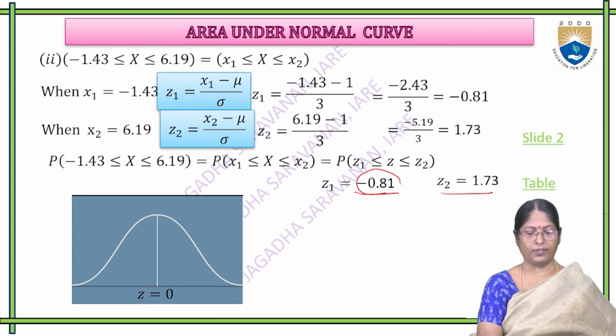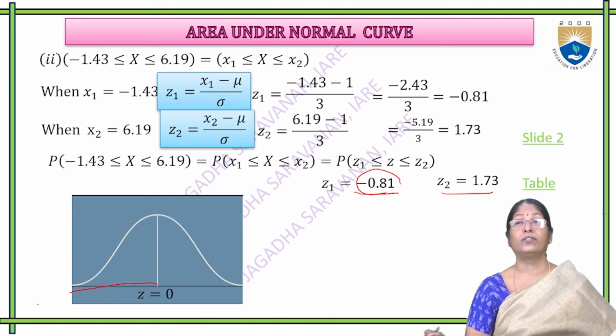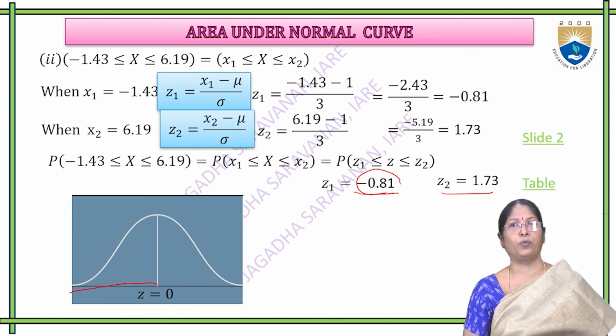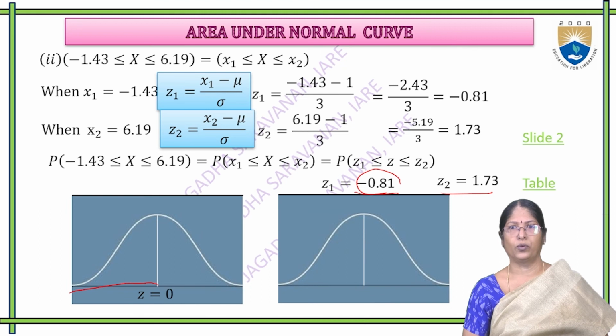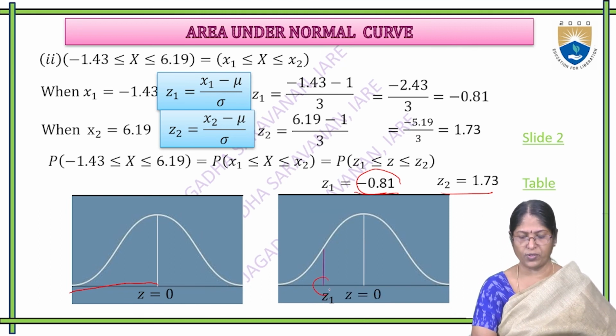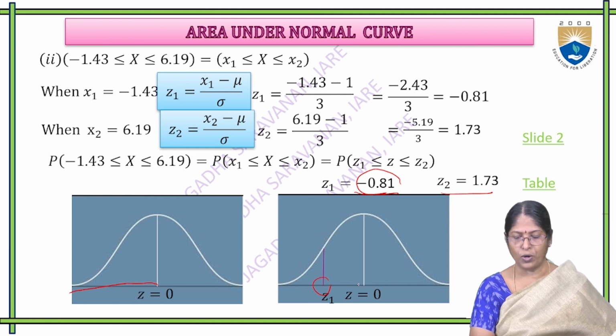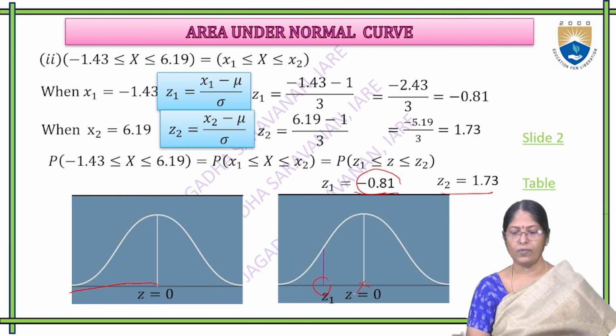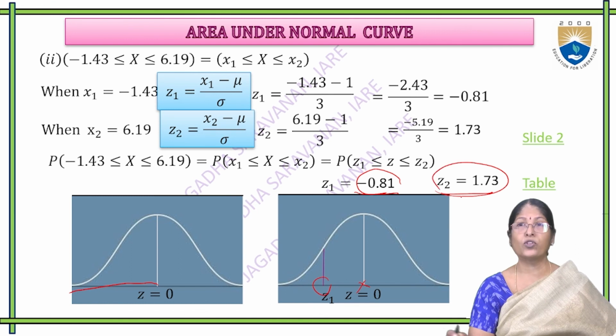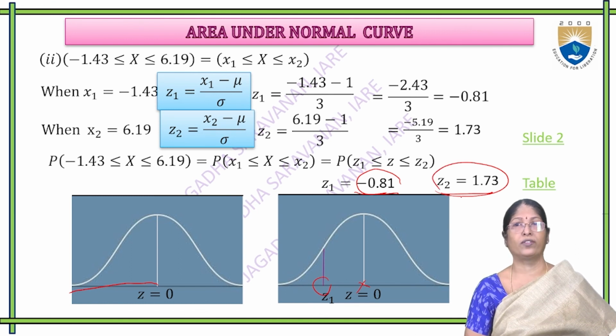If it is negative, it should be placed on the left side of Z equal to 0. So we can see how they are placed. Yes, it is placed on the left side of this point. Our Z2 is positive, 1.73, so it is placed on the right side of this point.